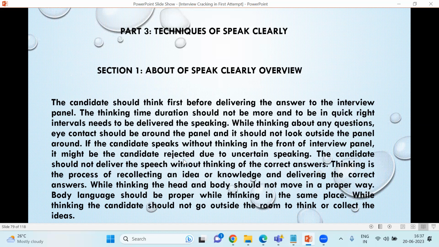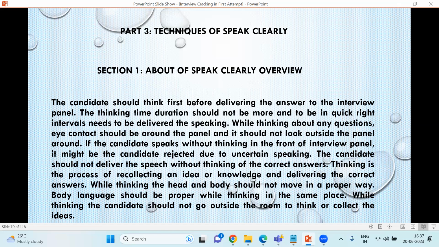Once you make a pause, you recollect the previous ideas very easily and deliver the correct speech in front of the interview panel.